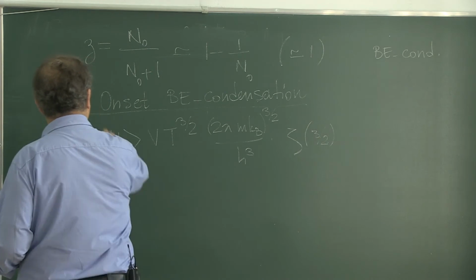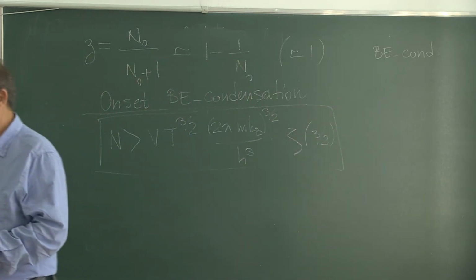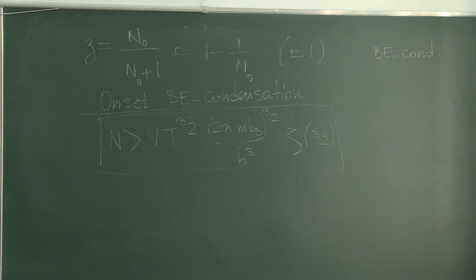This is the condition for the onset of the Bose-Einstein condensation. That means the excited states are full. Whatever you increase above it must go into the ground state.